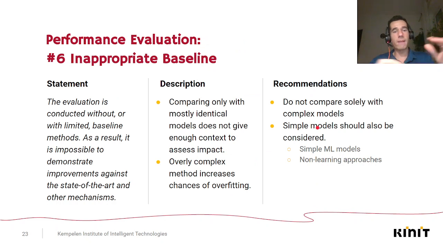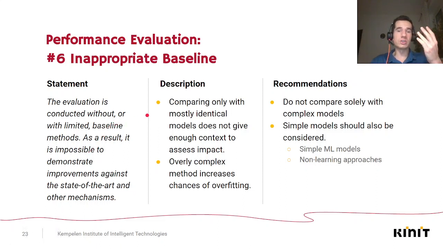Okay, we come to the performance evaluation part of the pipeline, and we will discuss the sixth pitfall, inappropriate baseline. The statement is that the evaluation is conducted without or with limited baseline methods, and therefore it is impossible to demonstrate improvements against the state of the art and other mechanisms. What does it mean?